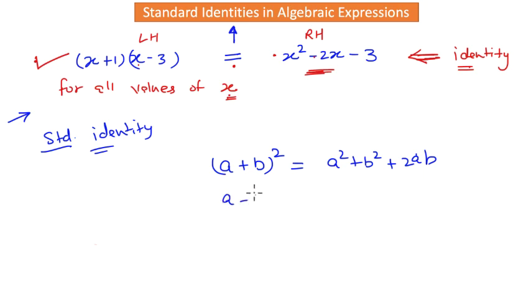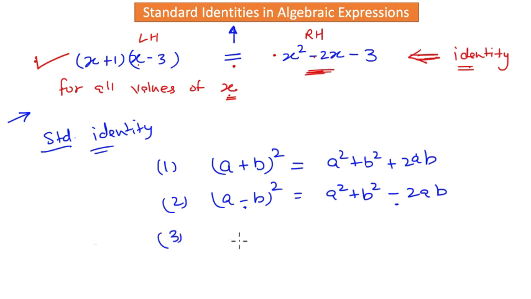And the second one is a minus b whole square, and this one ends up being a square plus b square minus 2ab. The only difference between the first and the second is that here we have a negative, and this negative resonates with this negative in the final expansion, okay?